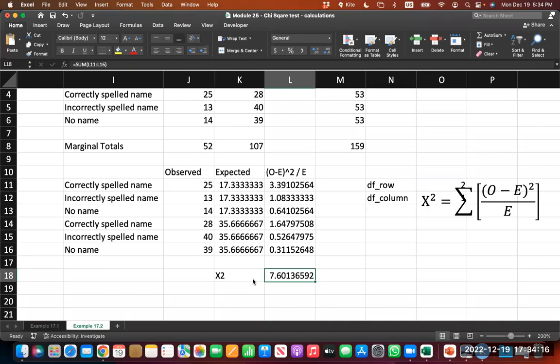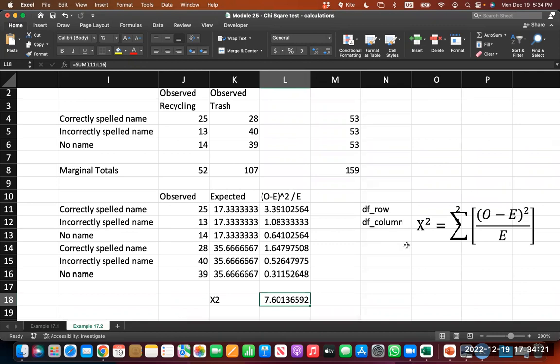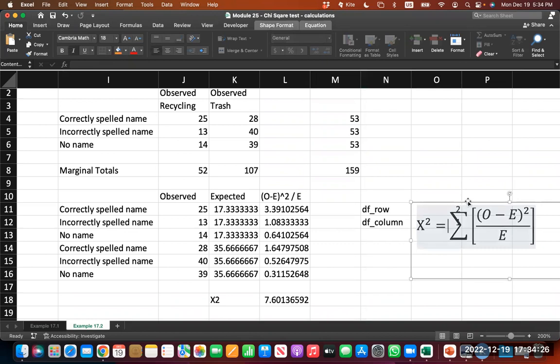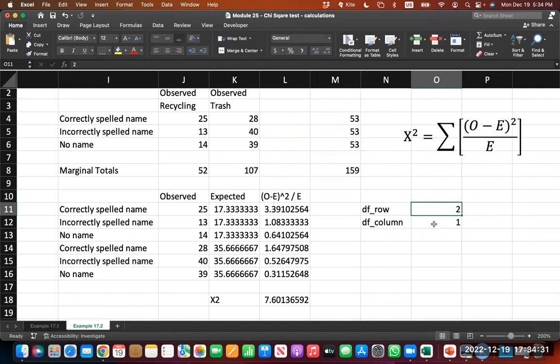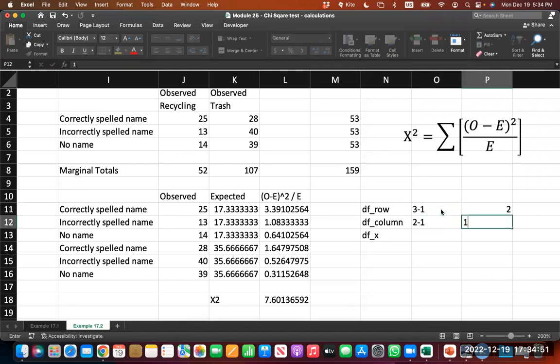Can you show on the table how you do it? On the chart with the chi-square? Yes. We have degrees of freedom of 2 for the rows, with degrees of freedom of the column of 1. 2 multiplied by 1, so this is df. Let's spell it out. 3 minus 1 is 2. 2 minus 1 equals 1.